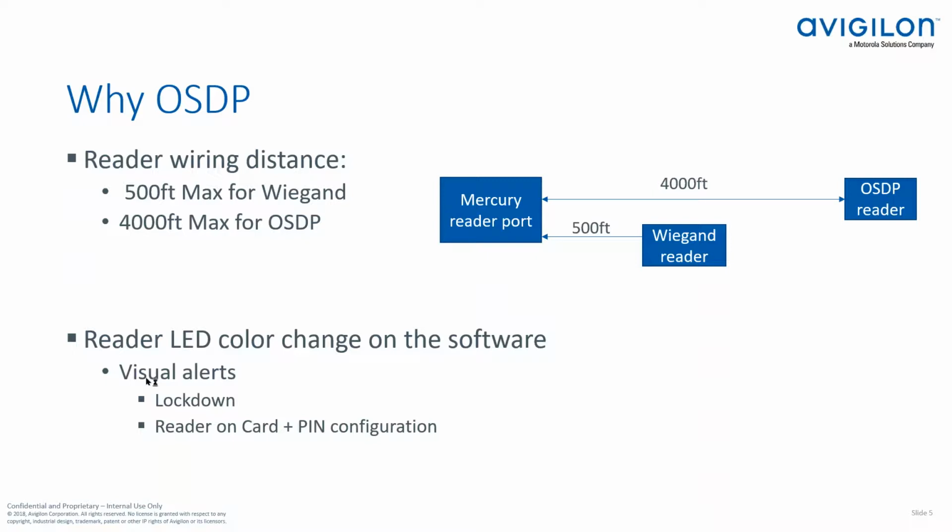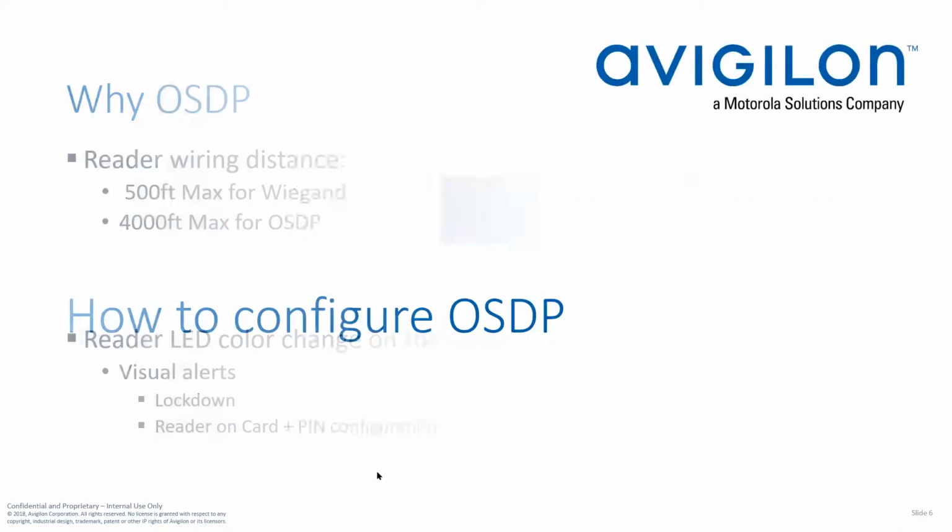So it's a physical thing, and you only have those options. With OSDP, I'm going to show you in just a little bit, you can actually have more colors, and I can control that on the software side. So it makes it a lot easier to control colors in that sense. All right, let's go ahead and move on.